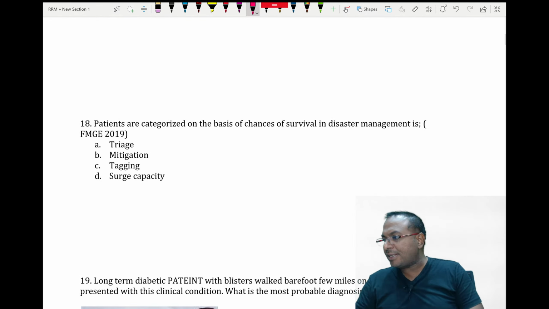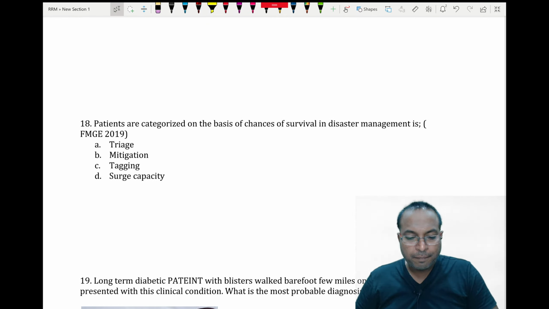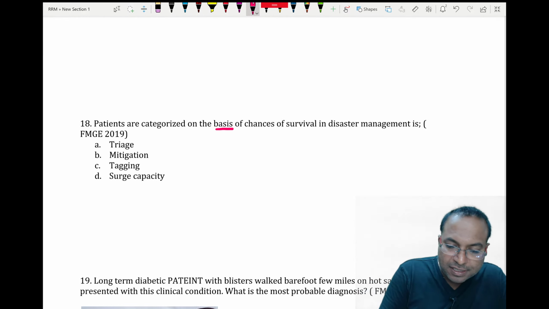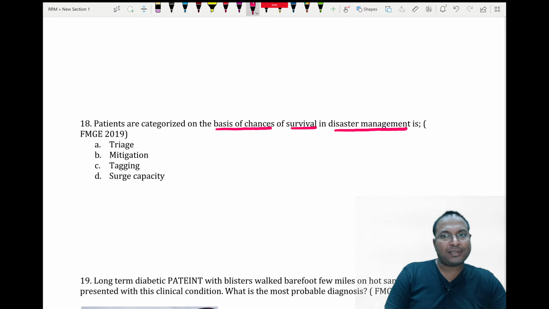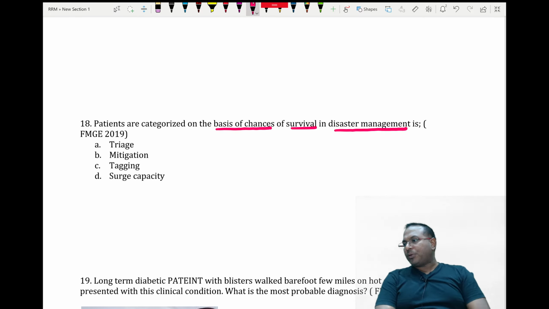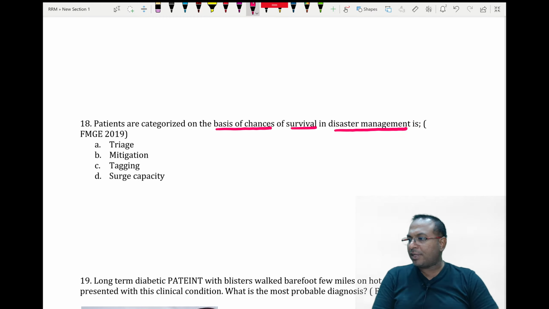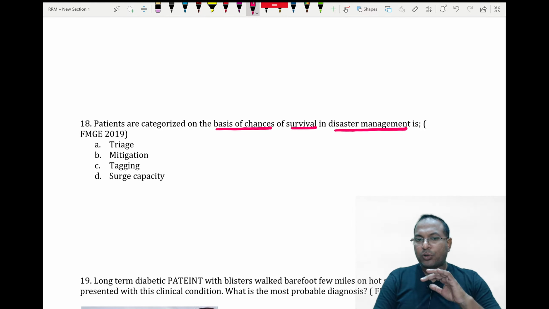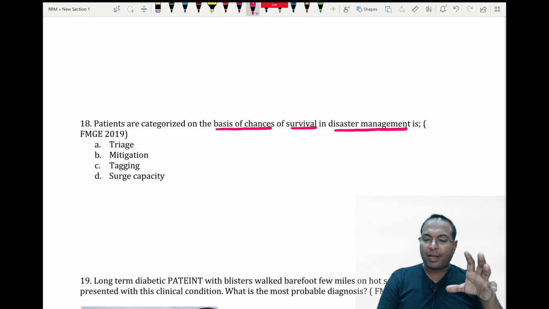Patients are categorized on the basis of chances of survival in disaster management is known as what? NEET PG questions are different; you will not be expecting the same questions. I will be discussing NEET PG 2022 questions after 3 days, but those are more in-depth and more clinical.